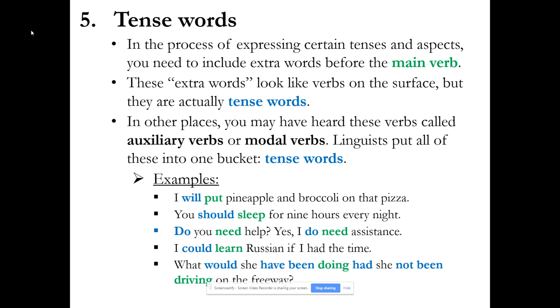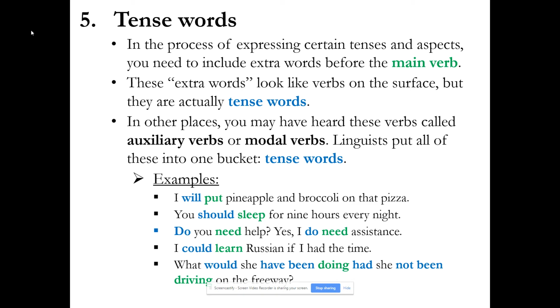What would, conditional tense word, she have been, another conditional tense word, doing, main verb, had she not been driving, right? Had, the not as a negation. Negation words are always tense words, right? And then been, right? Be actually makes up part of the progressive tense.